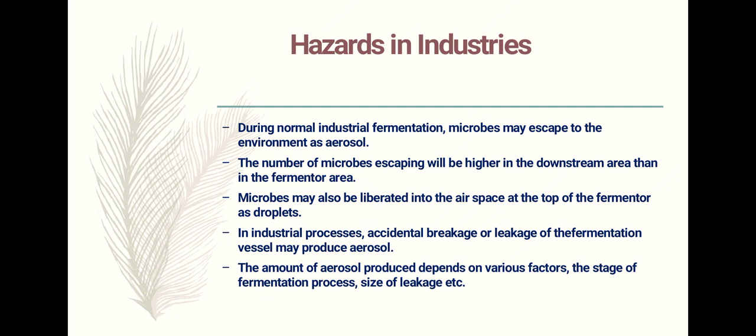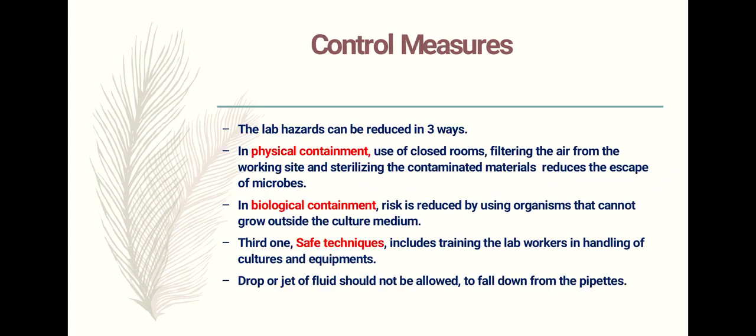And also more spreading is possible, that is leakage, accidental breakage, they may occur in the fermentation vessel. And also the amount of aerosol produced depends upon various factors such as the stage of the fermentation, that is the initial stage or the middle or final stage, also the size of leakage.